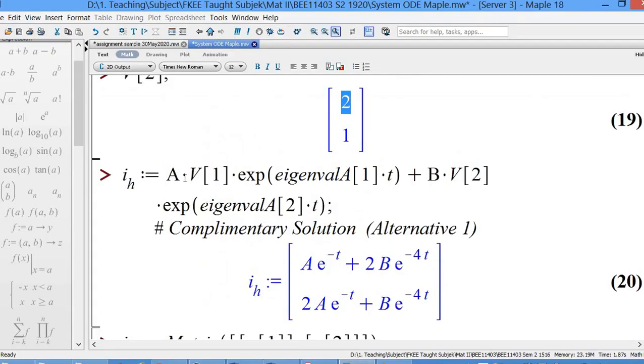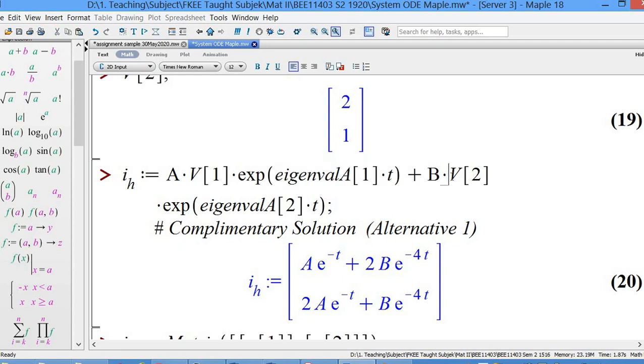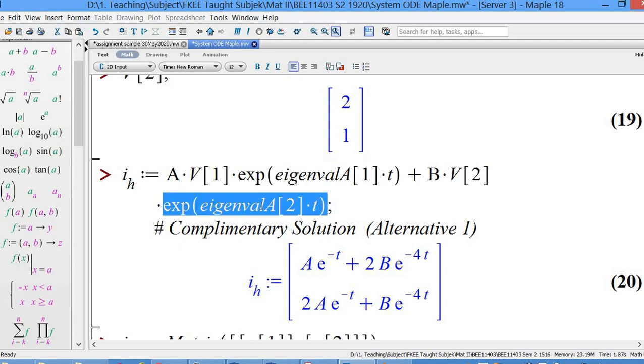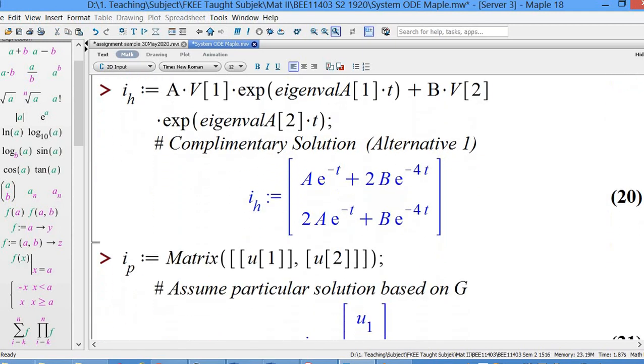So in Maple, a times V1, the first eigenvector, multiply exponent lambda 1, the first eigenvalue, times t, plus b multiply the second eigenvector multiply exponent lambda 2 t. So you get the homogeneous solution here.